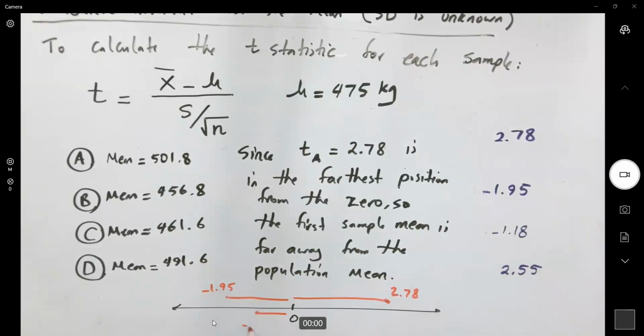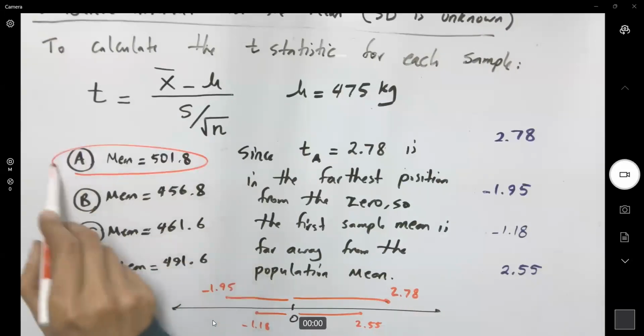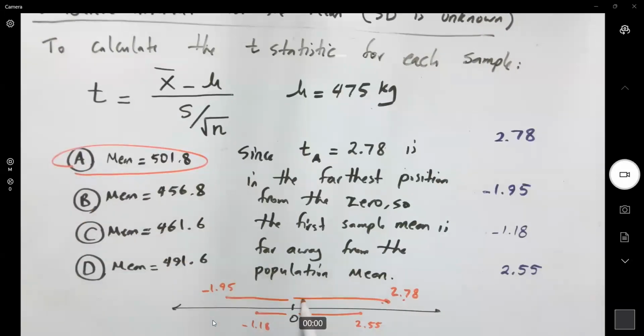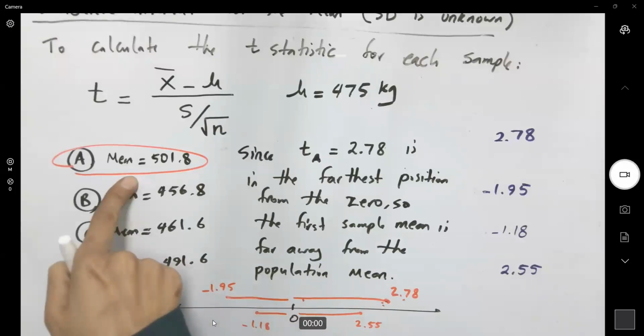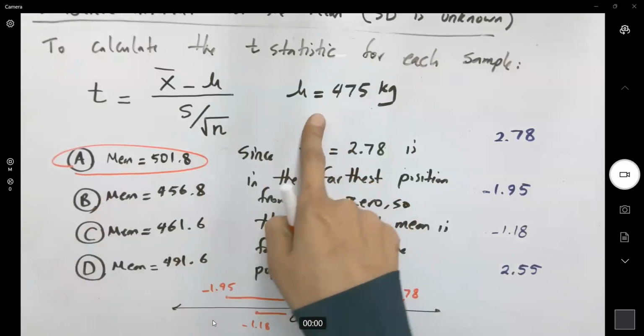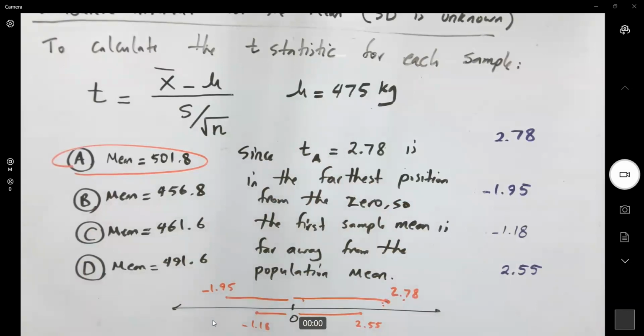And you have 2.55, which is just right here. So as you can see, the number associated to the first sample has the maximum distance. So this mean is farthest away from the population mean.